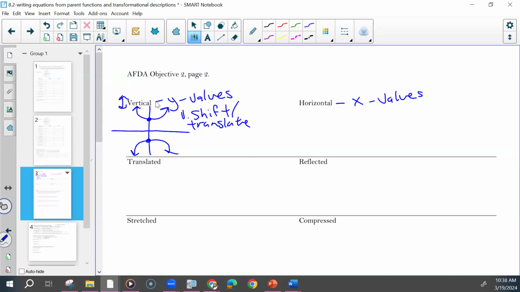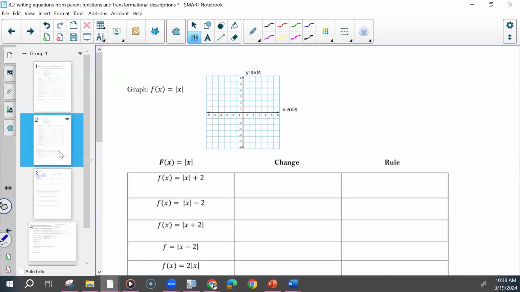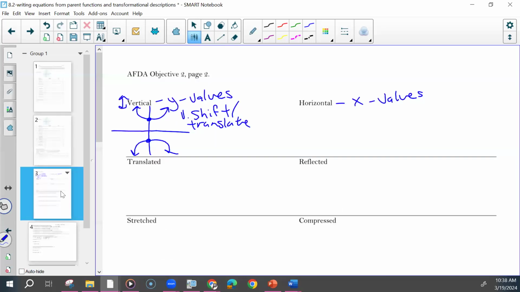So there are graphs that we graph that you'll have to go back and find those notes. Anytime we move it up or down, that's a vertical shift, or you can say a vertical translate. And you would put, did it move up or down by how much? We're going to talk more about these. These are just the general overview.